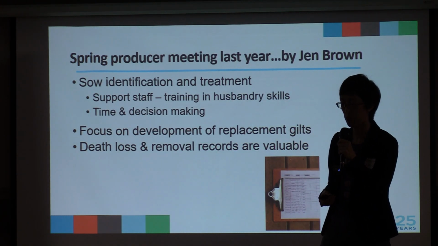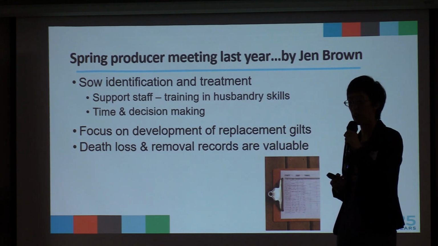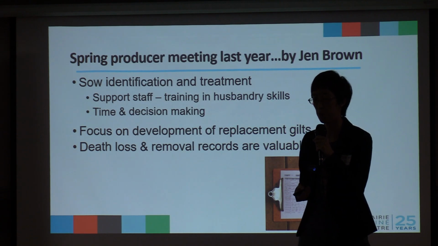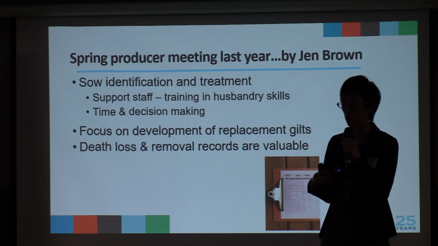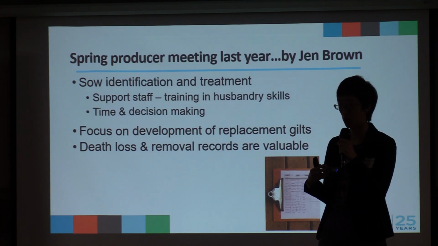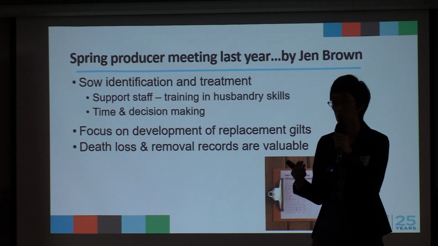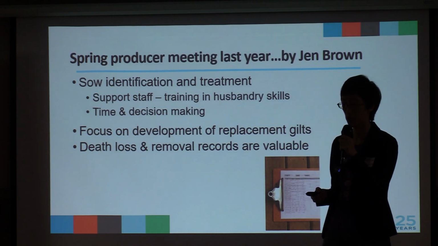Also just to refresh your memory, if you were here at last year's Spring Producer Meeting, Jen Brown talked about how we need to care more about the risk factors for sow mortality, because we're actually seeing an increase in sow mortality during the transition, right?